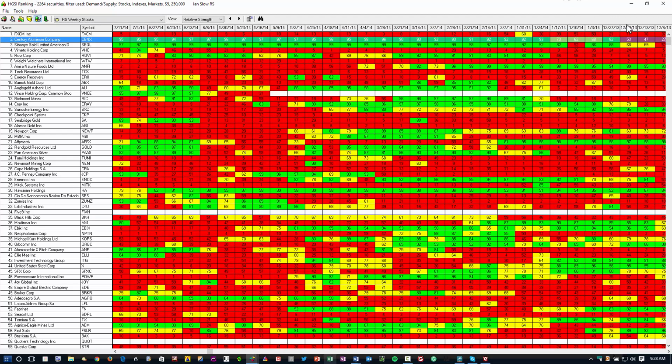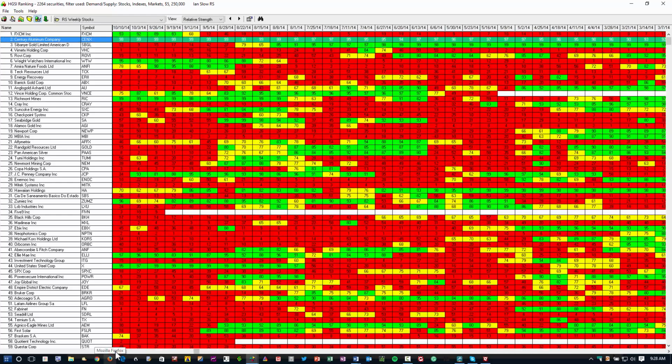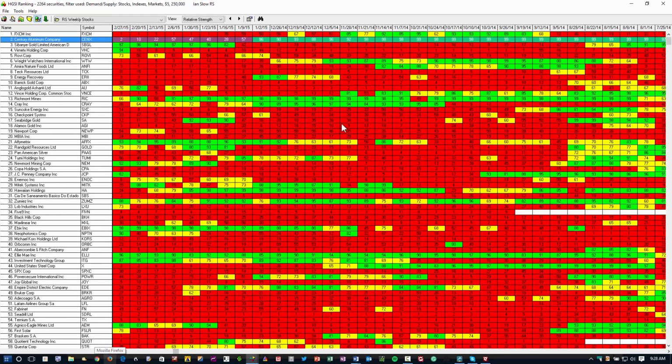Here's 12/20 of 13. Here is 12/27 of 13. Here's 1/3 of 14. 1/10 of 14. You can see that this stock has been building momentum, and then by the week of 1/24 of 14, it had turned green, and this was its long run to the upside. As I scroll through here, you can see that it lasted to 1/2 of 15.